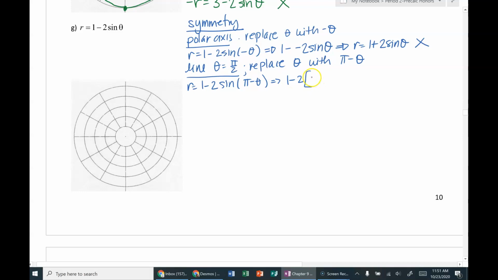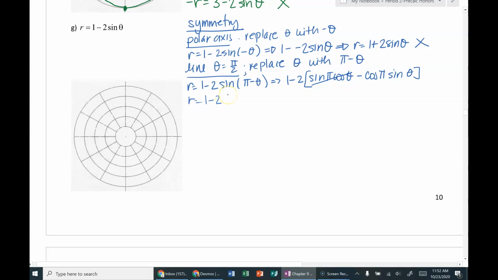The difference of angles: sine of pi times cosine of theta minus cosine of pi times sine of theta. Close bracket. All right, so r equals 1 minus 2 times sine of pi, that's going to be 0.